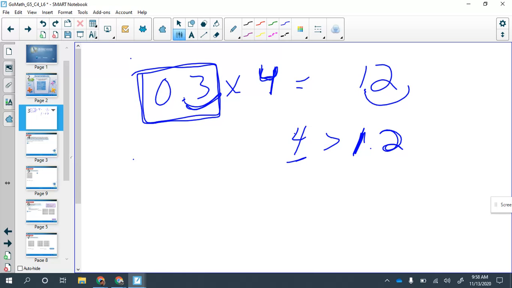So instead of getting a number that is 4 or greater, we get a number that is actually less than 4. When we multiply by numbers that are less than 1, we get answers that are smaller.